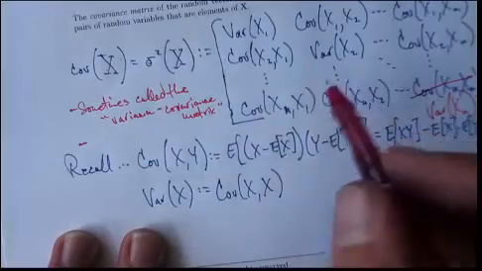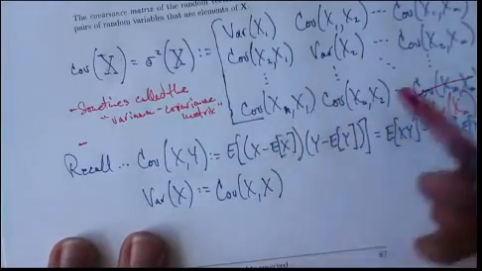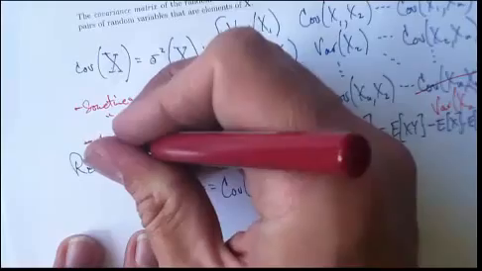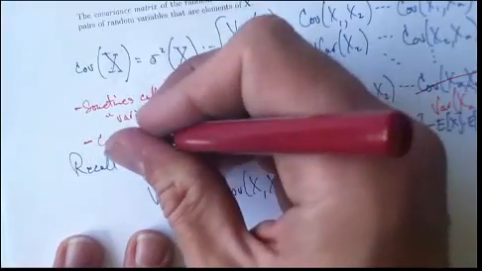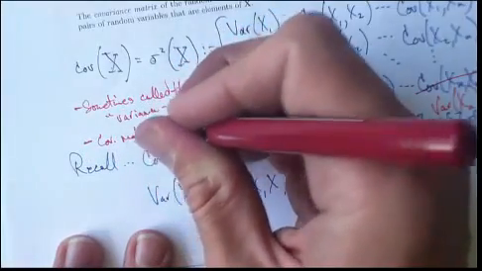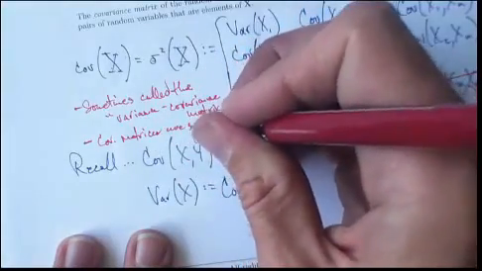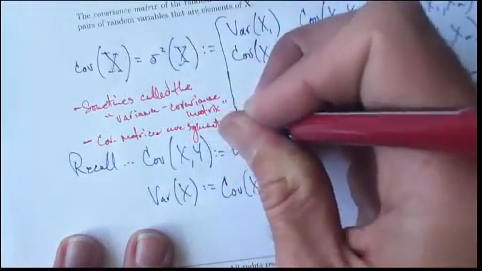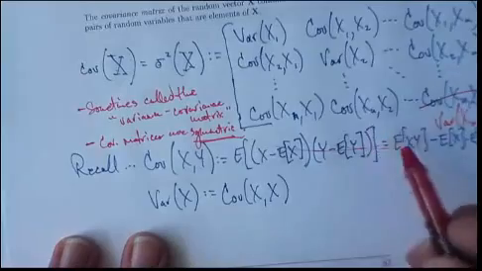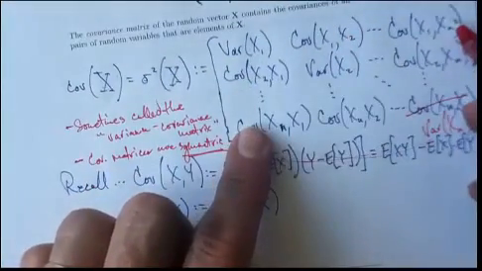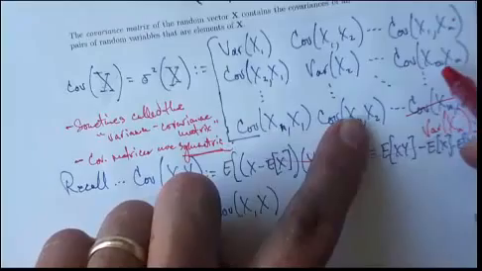Also, you should note that because covariance is a symmetric function, this matrix is in fact symmetric. So covariance matrices are symmetric. You can see that from looking at the structure of this. These elements are the same. These elements are the same. These are the same.